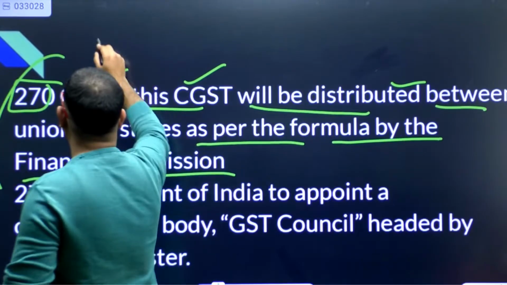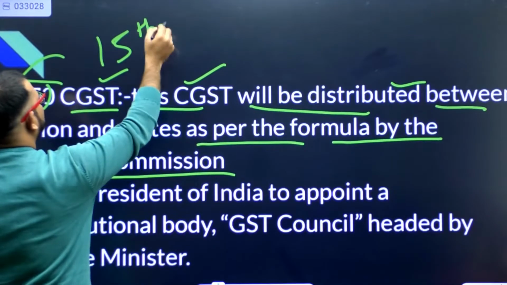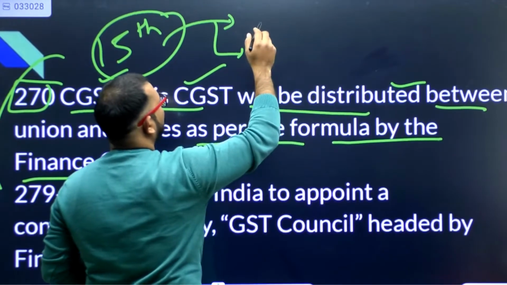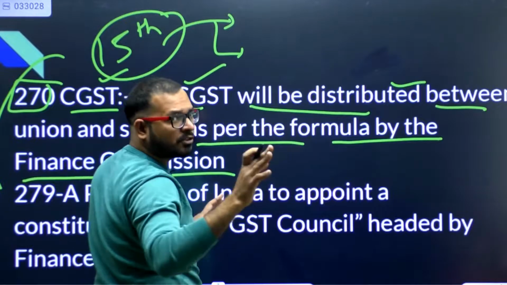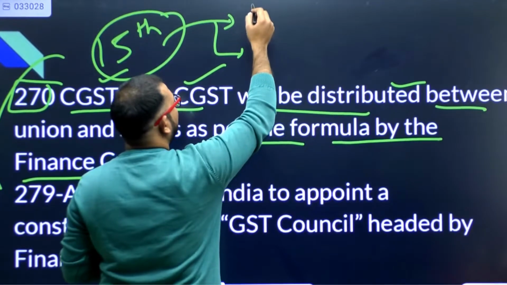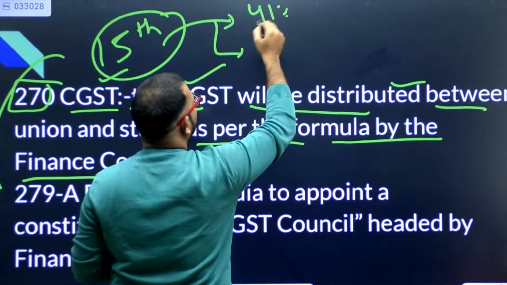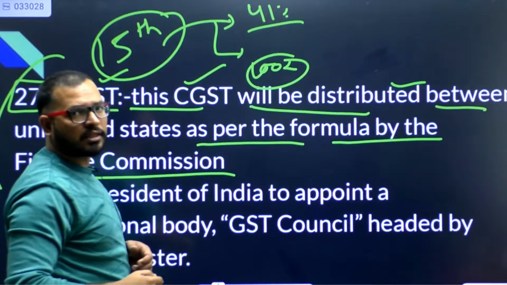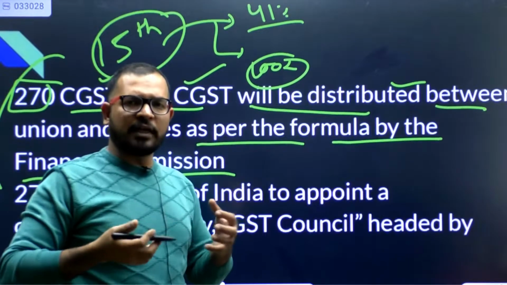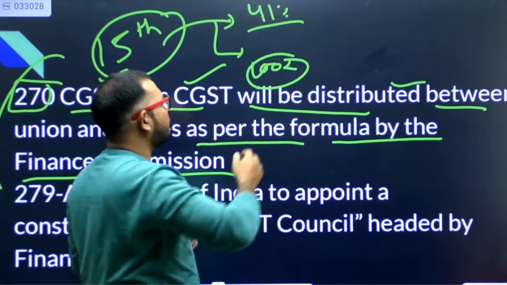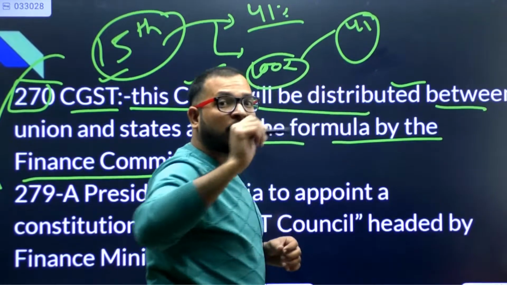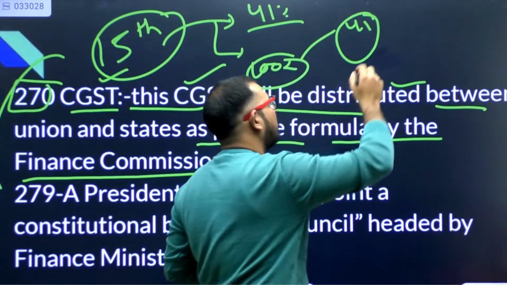So for example, the 15th Finance Commission has said that the net proceeds of the taxes will be distributed with the states at 41%. So if 100 rupees is collected by the central government in the form of net proceeds of taxes, out of this 41% will go to the states.